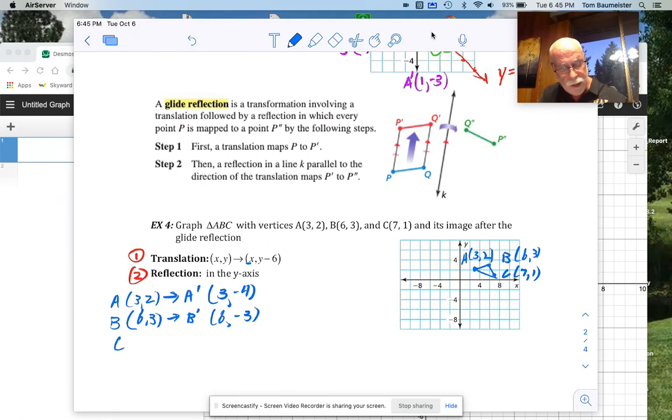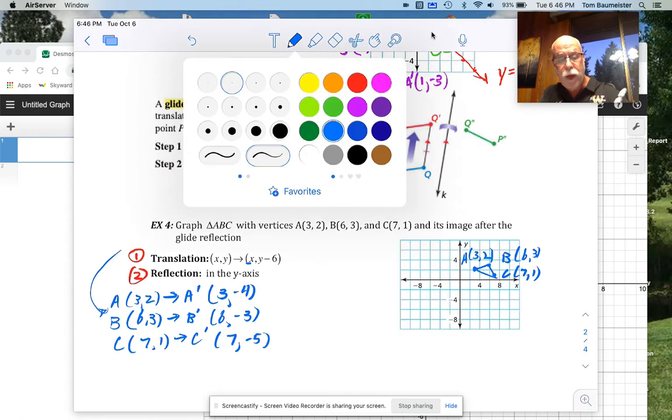And finally, for our C, we have (7, 1). We're going to map that to C prime, where again our X stays the same, and 1 minus 6 is -5. That's our translation.